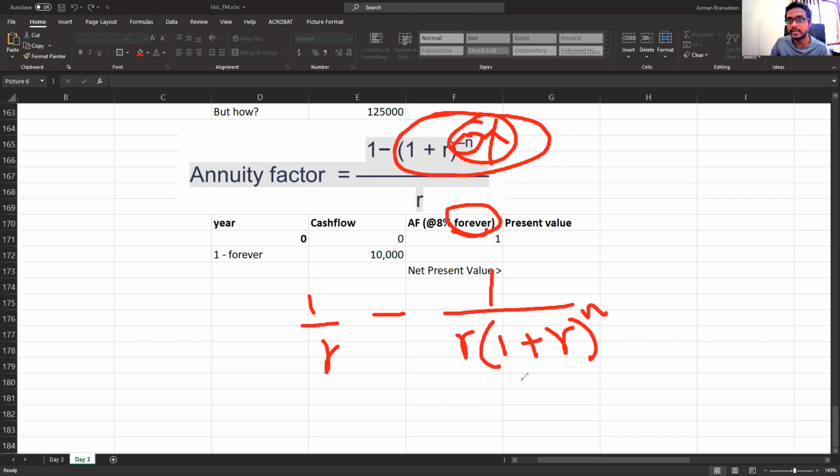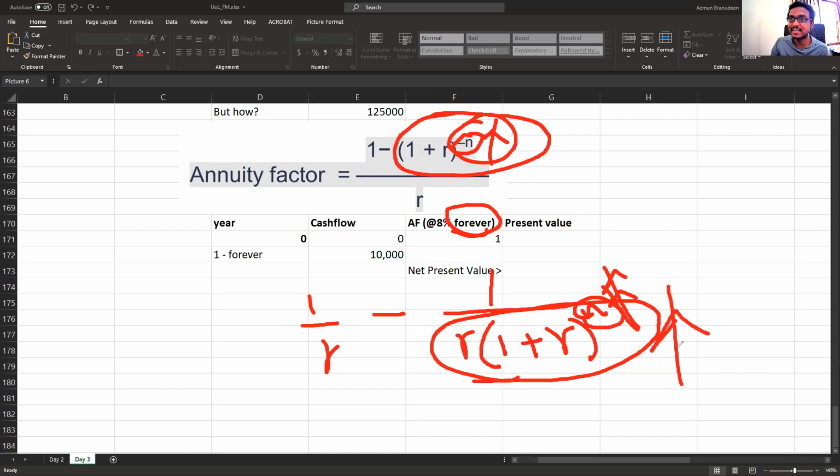When n becomes very big, the denominator becomes very, very big, massive. And when you divide 1 by a very large number, what happens to this entire thing?